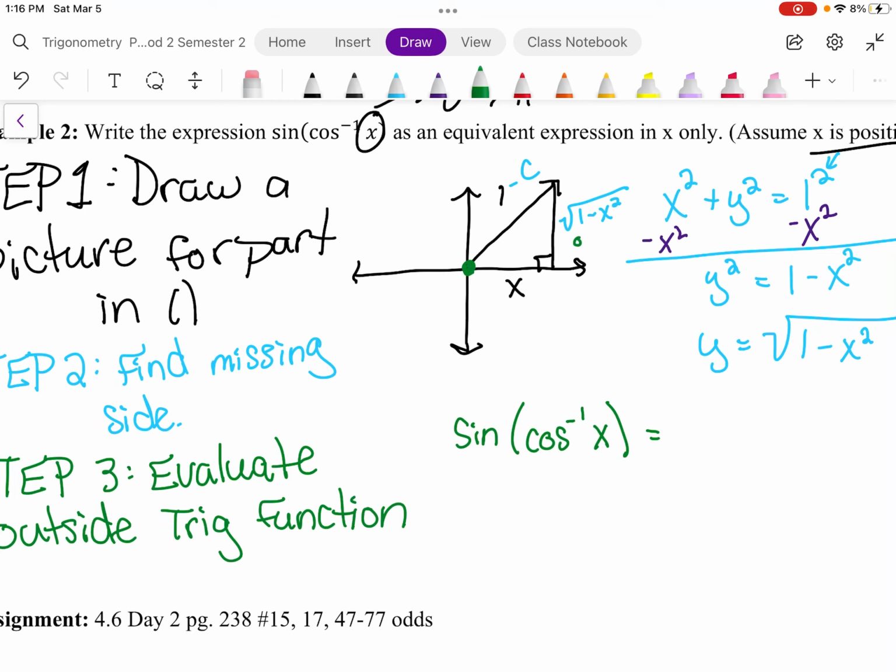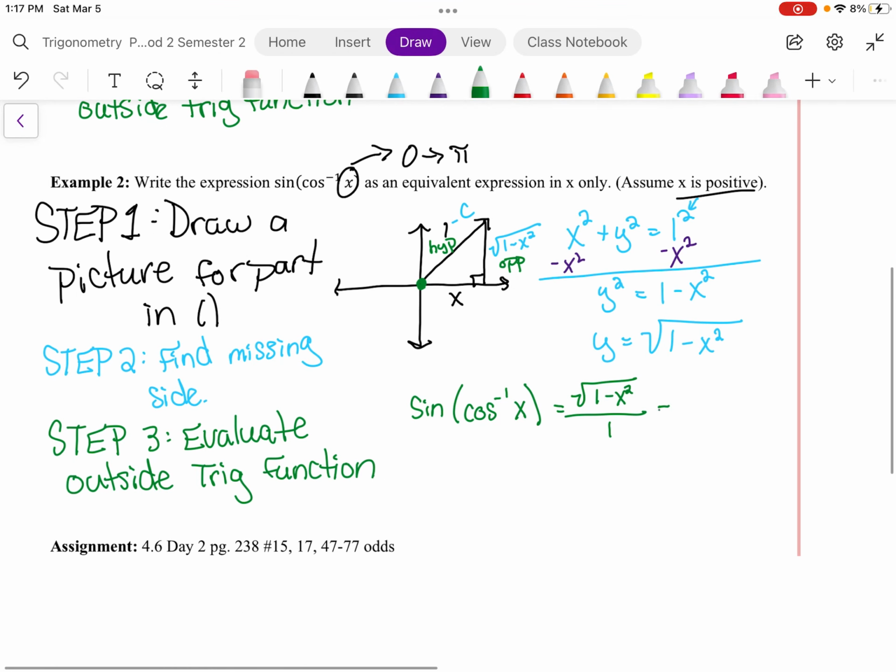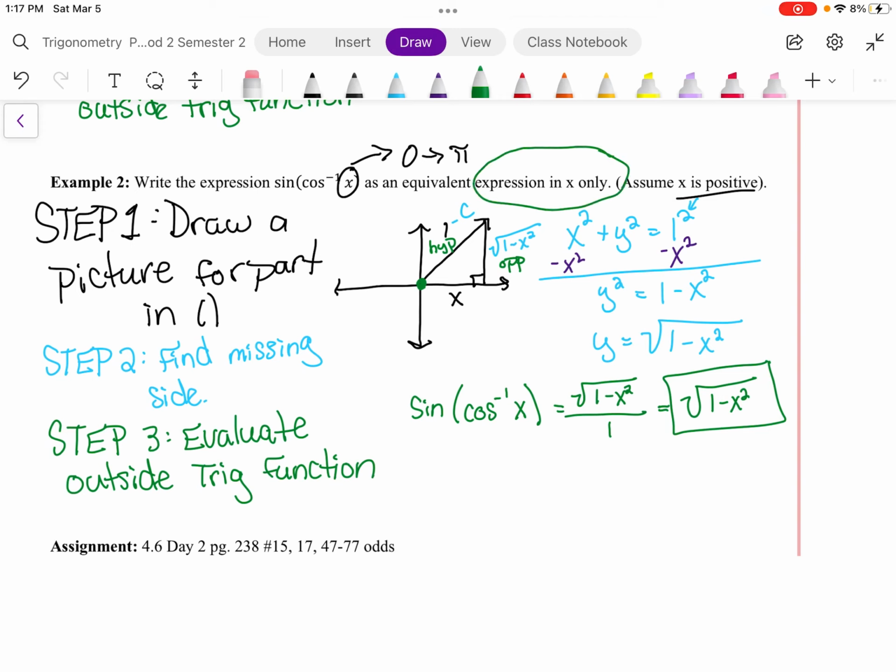Now we can find what sine is, which is opposite over hypotenuse. So that's going to be equal to the square root of 1 minus x squared all over 1, which we don't need that over 1, so our final simplified answer would be the square root of 1 minus x squared. So this is how we would express this expression in terms of x only.